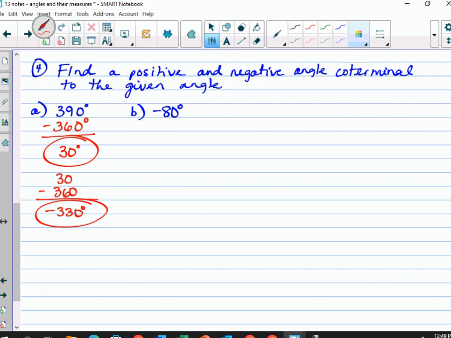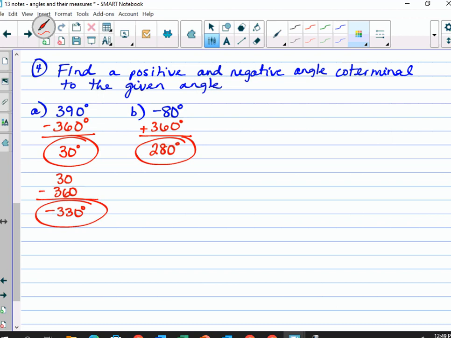Okay, guys, let's look. I'm going to add 360 first. It doesn't really matter what you do first. If I add 360 degrees, what do I get, guys? 280. That is your positive coterminal. Now, technically, there's an infinite number of coterminal angles because I could just keep adding 360. I could go, okay, 280 plus 360, that answer, plus 360.